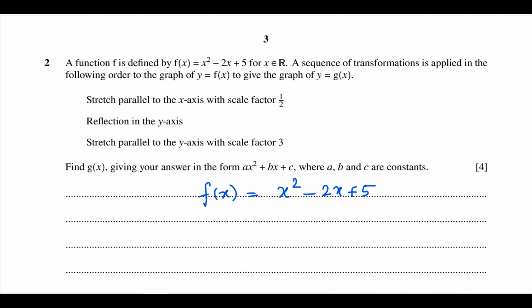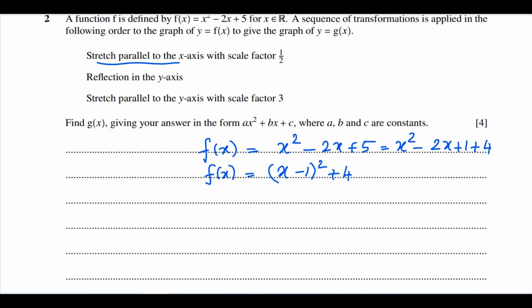So this can be written as x square minus 2x plus 1 plus 4. So that we can write this as x minus 1 the whole square plus 4. That is the completing the square. Now it's given stretch parallel to the x-axis with a scaling factor 1 over 2.